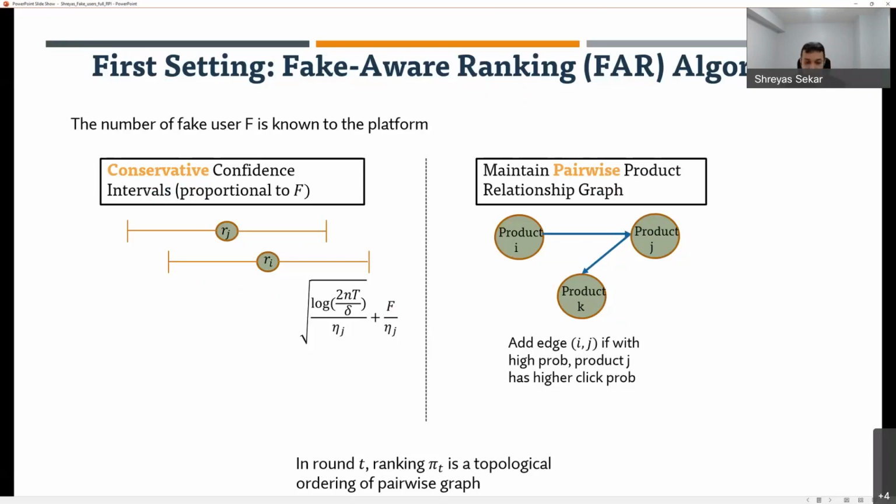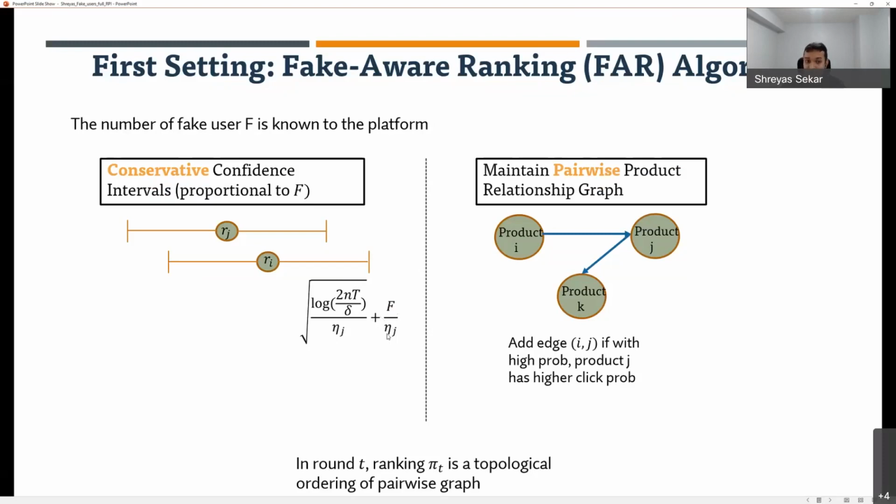The important thing that we do in this work is that I'm going to extend these intervals so that they're proportional to f. Previously, we saw that these intervals were something like log t divided by eta. Now I have a log t term divided by eta plus an f divided by eta term.